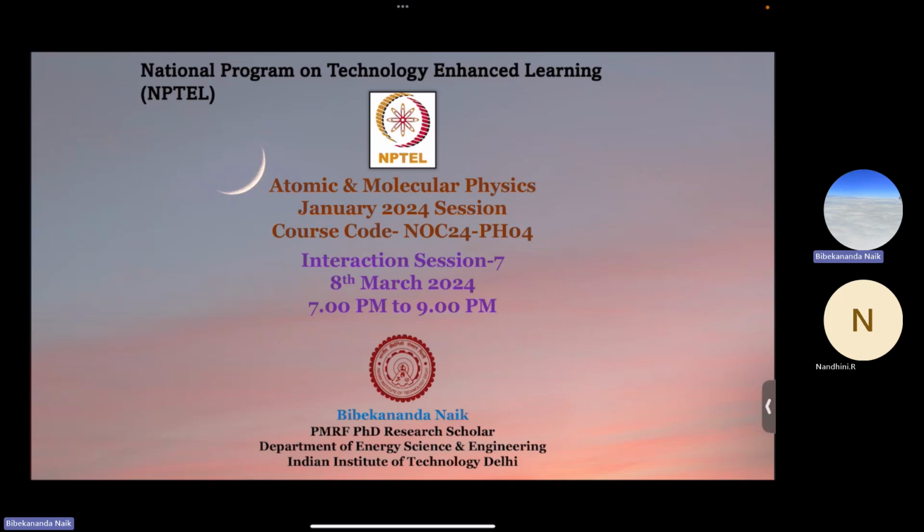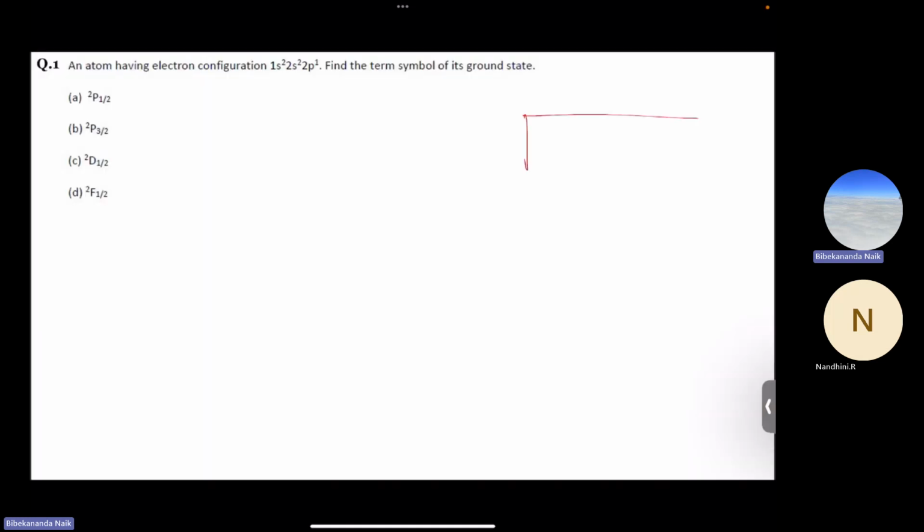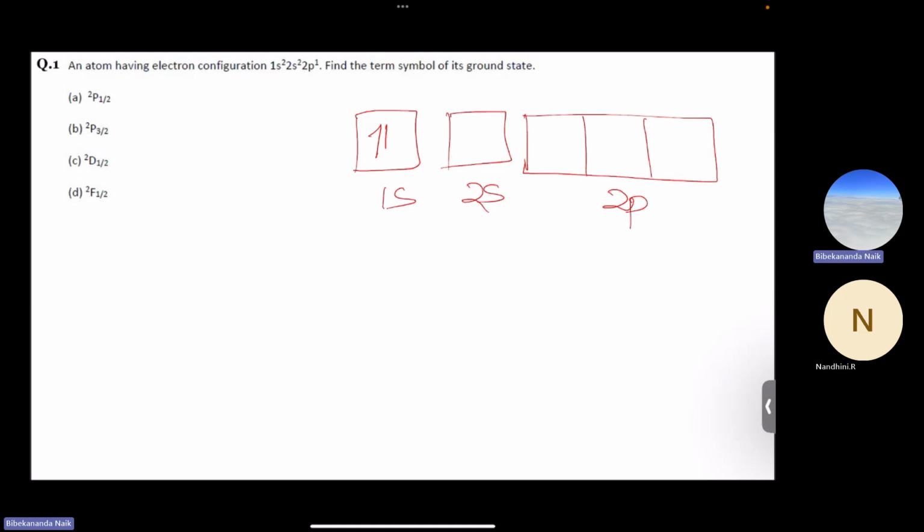So if you see, if this is the configuration, then this is 1s, this is 2s, 1s, 2s, 2p. So 1s² means there are 2 electrons, 2s² means there are 2 electrons, and 2p¹ means there is only a single unpaired electron. So we need to find the term symbol for the ground state of this atom.